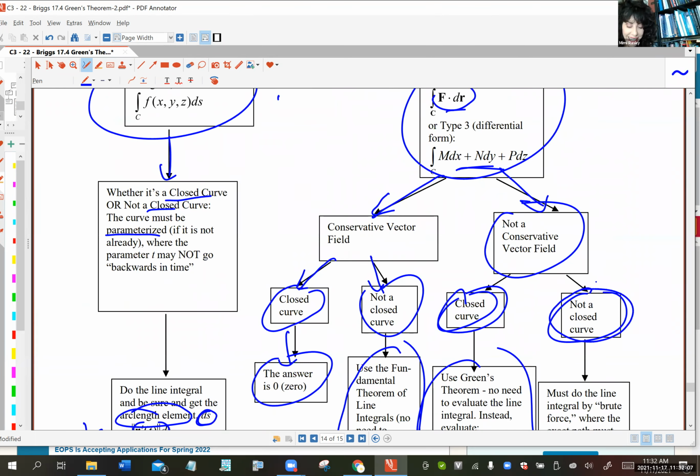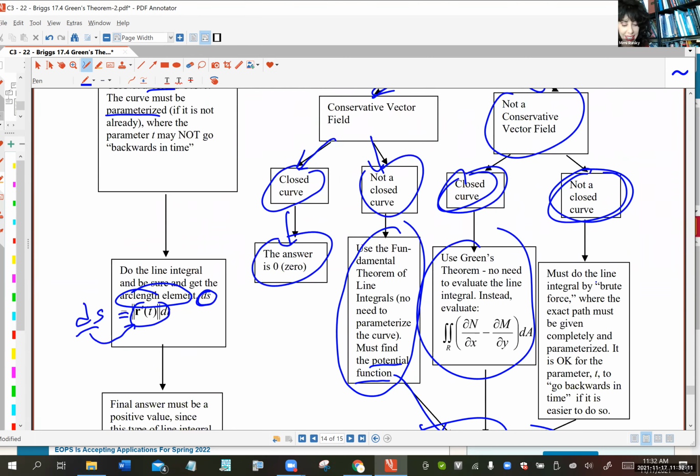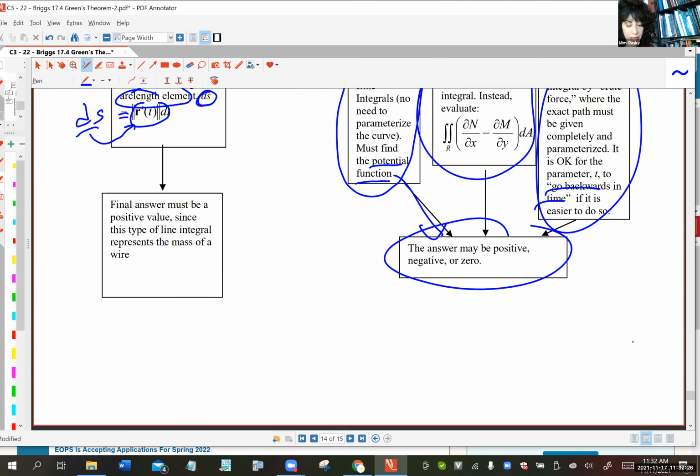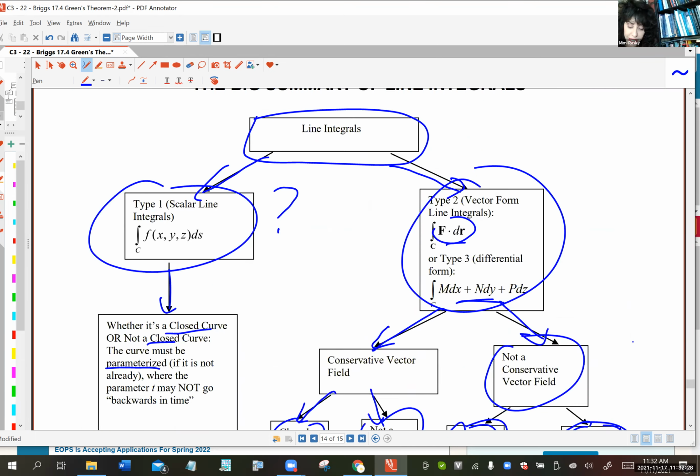If it's not a closed curve, sorry, you can't use Green's. And I'm even more sorry because you do have to do the line integral by total brute force. You've got to parameterize if it isn't already and then do all that stuff. Although it is okay to go backwards in time, I'm going to let you when you're doing the parameterizing. Okay, and that's the big summary of line integrals.